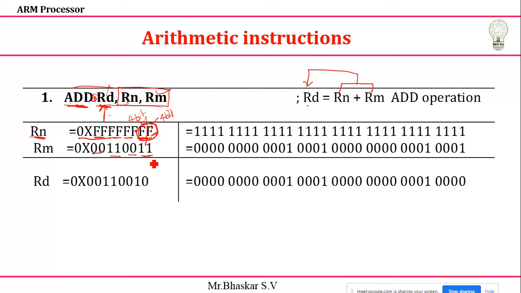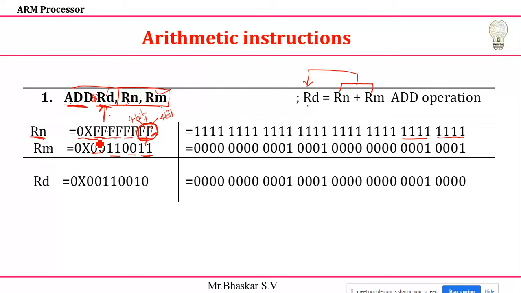In decimal, it is 15. 15 in binary value is 1111. Next it is 1111.